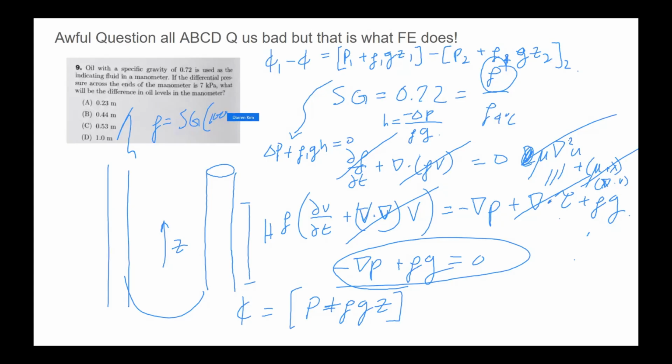So we can already indicate that rho equals about 720. With that 720, we can plug that in. With the pressure difference already found, which is 7, you can say 7 divided by 9.8 multiplied by 720 equals the answer.